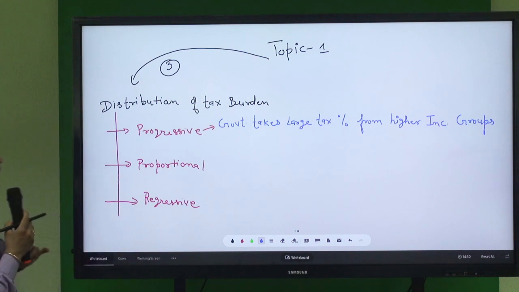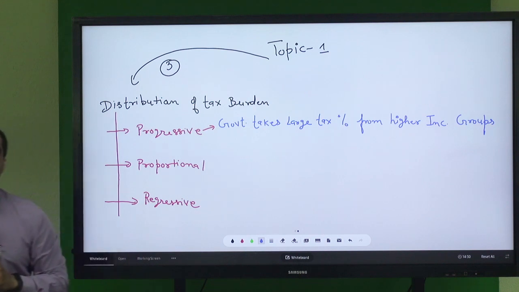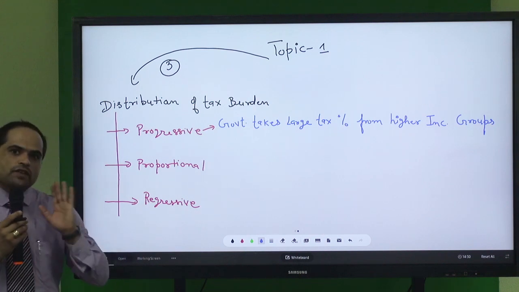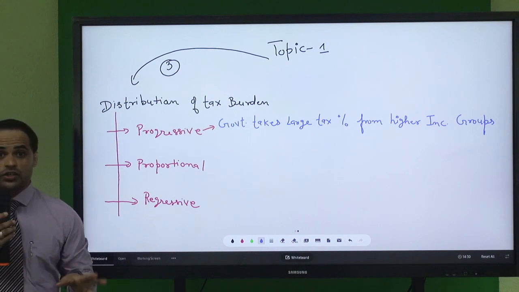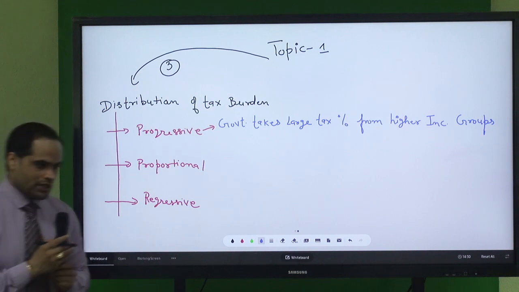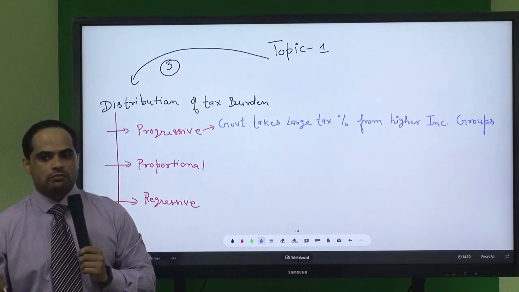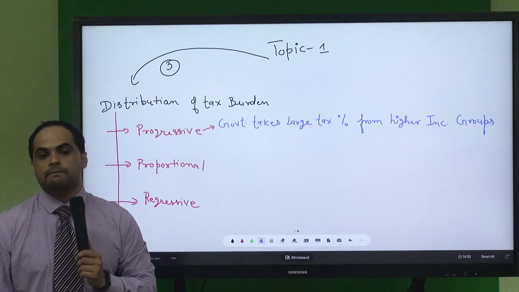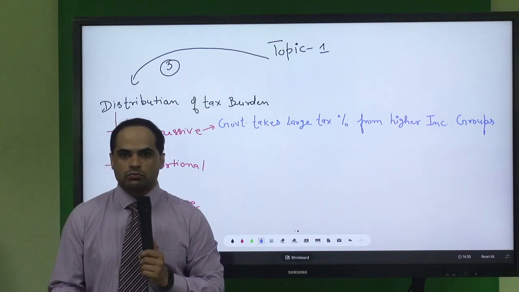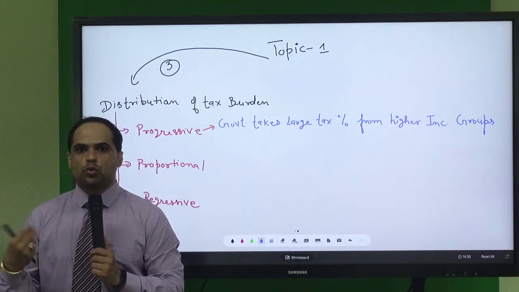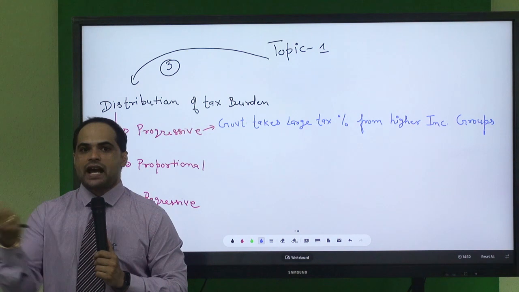All right. Next one is proportional. Proportional means everybody is going to pay the same amount of tax, no matter if you are rich or poor. In simple words, the tax rate is fixed, let's say 10%. No matter if you are making a lot of money or very little money, you will pay proportional income tax.